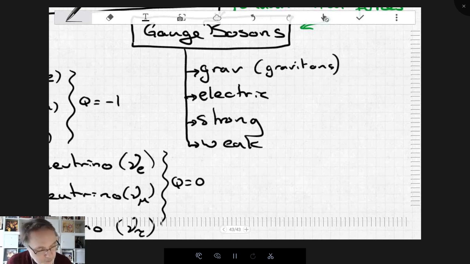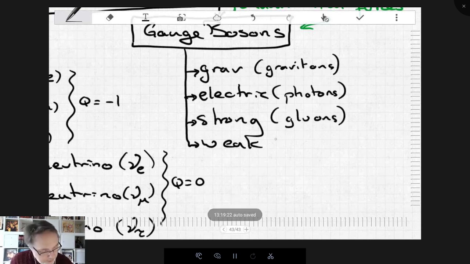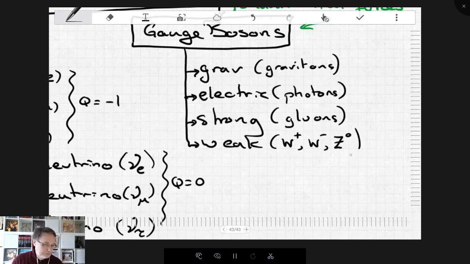The electric force is produced by the exchange of photons, the strong force by the exchange of gluons, and the weak force by the exchange of W plus, W minus, and Z naught.